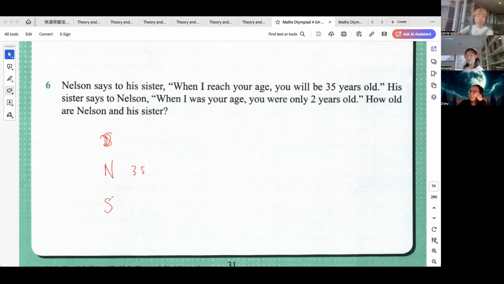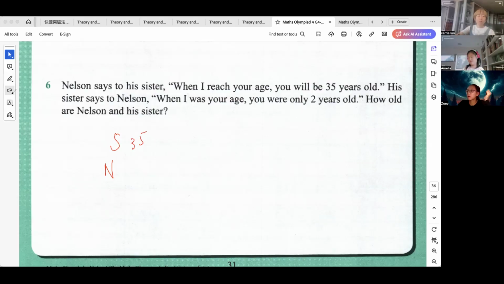No, sister is older. What am I doing. Correct, Zoe? Who's older? Who's younger? Sister is older. Yeah, sister is older. Very good. You will be 35. Sorry, I was totally wrong here.